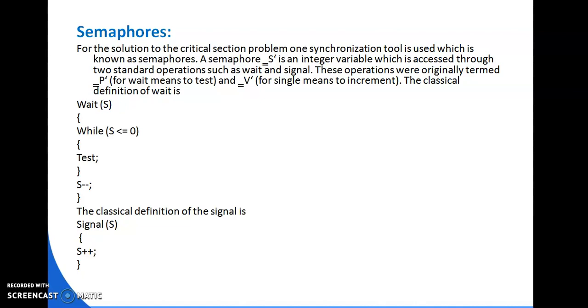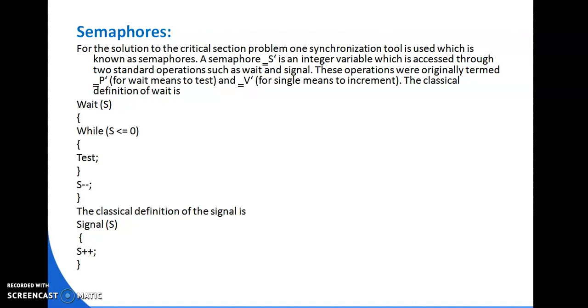These operations were originally termed P for wait and V for signal. That means P for wait means to test, and V for increment.